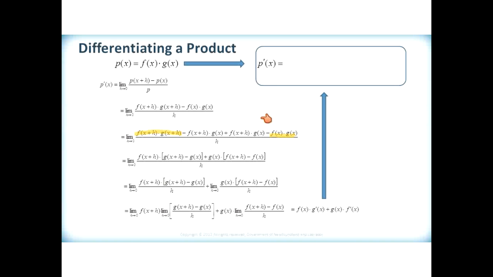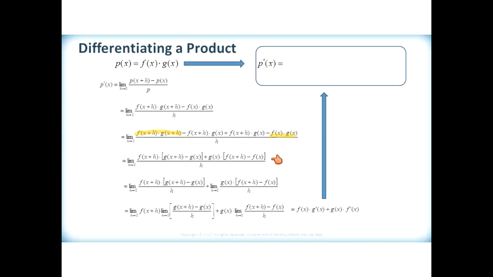But what that allows us to do is, if we now take the first two terms that we see there and remove a common factor of f of x plus h, and then in the last two terms down here we remove a common factor of g of x, that allows us to break up our limit into the sum of two separate limits, this one and this one, by simply making the fraction that we started with into two fractions with the same denominator of h.